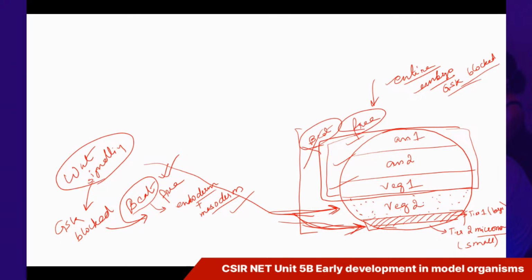So all the cells of the embryo, whether signaling is there or not, will have beta-catenin. And if beta-catenin is present in all the cells, they will be fated to become endoderm and mesoderm. So in such cells, you will not find ectoderm.